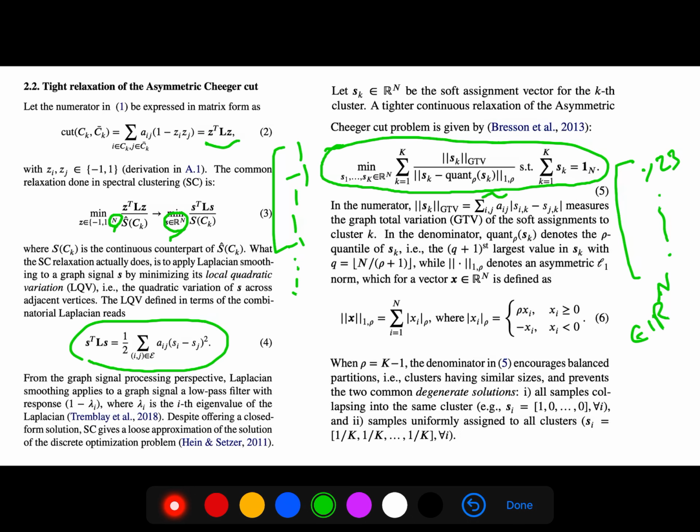This term measures the graph total variation of the soft assignments to cluster k. And in the denominator, quant denotes the row quantile, the (q+1)th largest value in S_k.